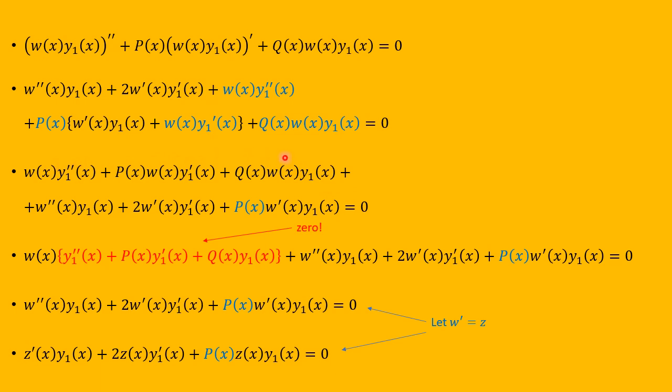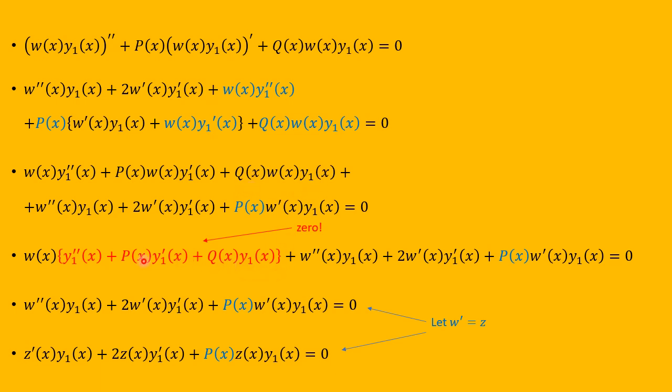Now, if you look at what we have up here, I was looking ahead in my computation. I have w of x as a factor in these three terms. Let's factor it out. So we have w of x times y1 double prime plus p of x y1 prime plus q of x y1, which is right here, okay?